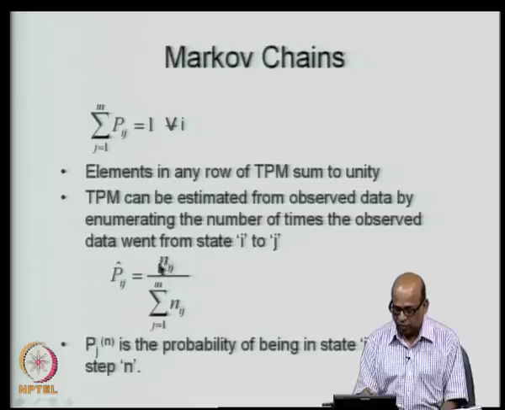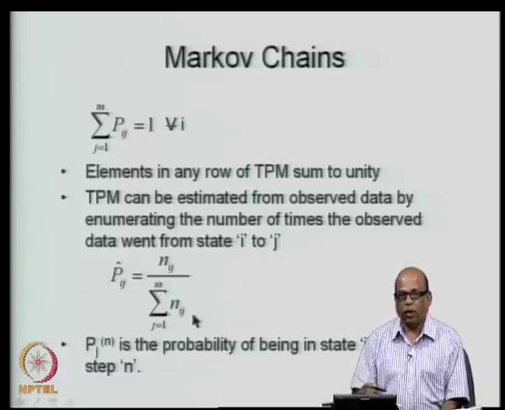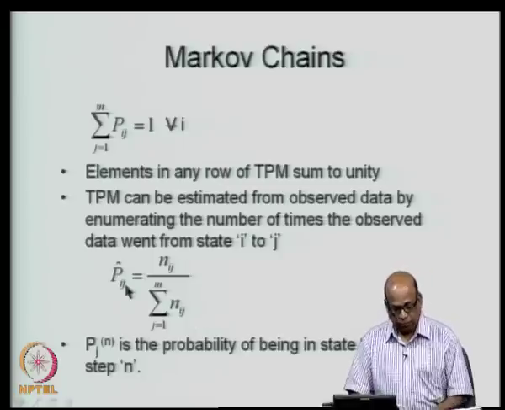The number of times from class interval i in period t it went into class interval j in period t plus 1, divided by the number of times it went into class interval i itself, which is the summation of n i j over j equal to 1 to m. So, this gives you an estimate of the transition probabilities.